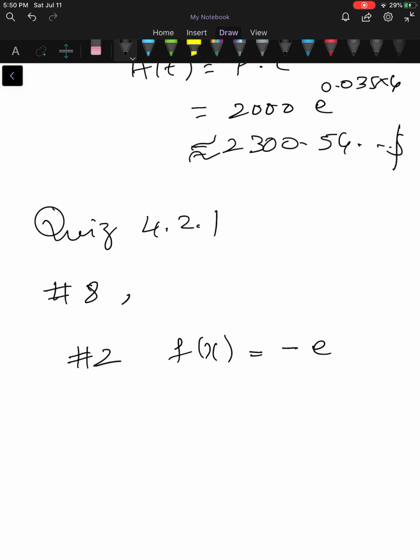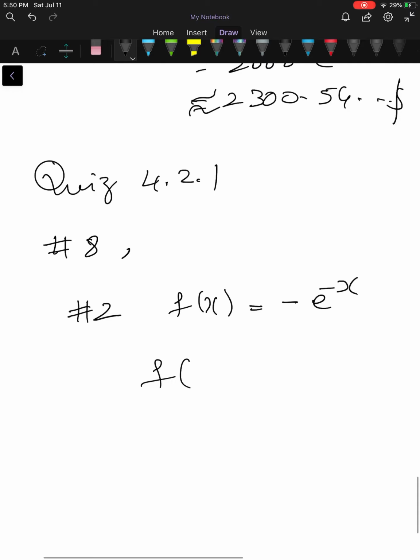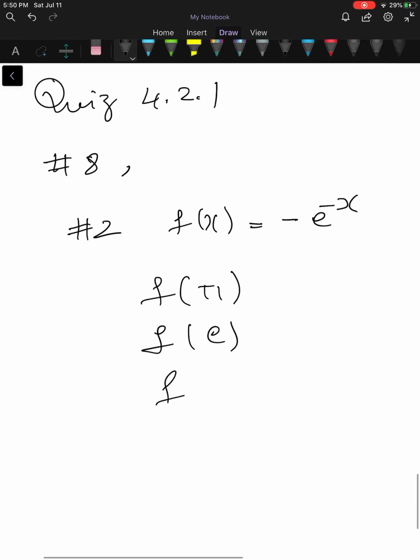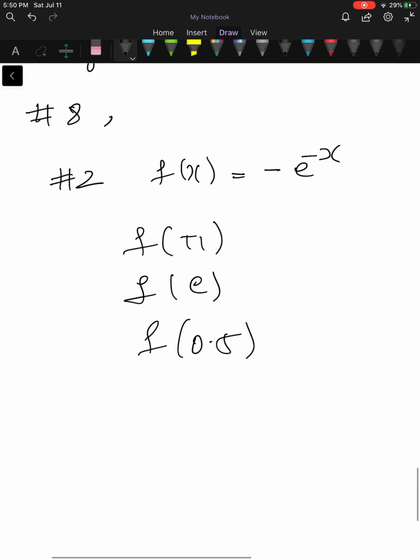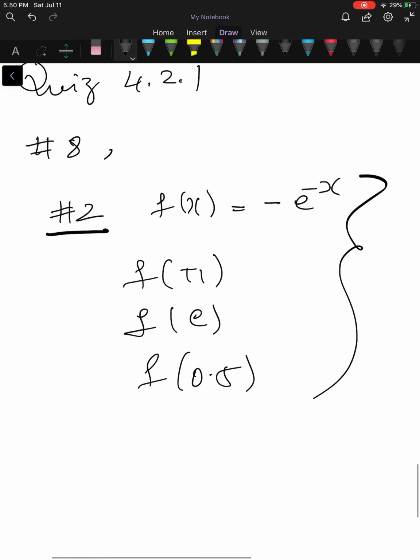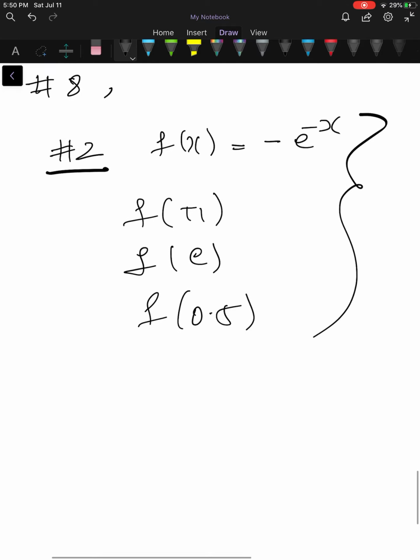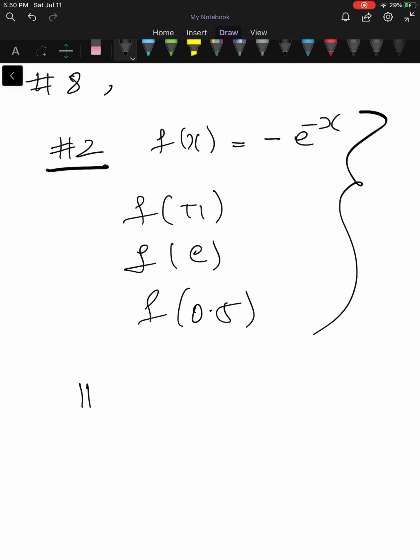If you are given f of x equals minus e to the power of minus 6, calculate f of pi, f of e, f of 0.5. This is a question framed by me now. You just have to number it as 4.2.1 number 2.